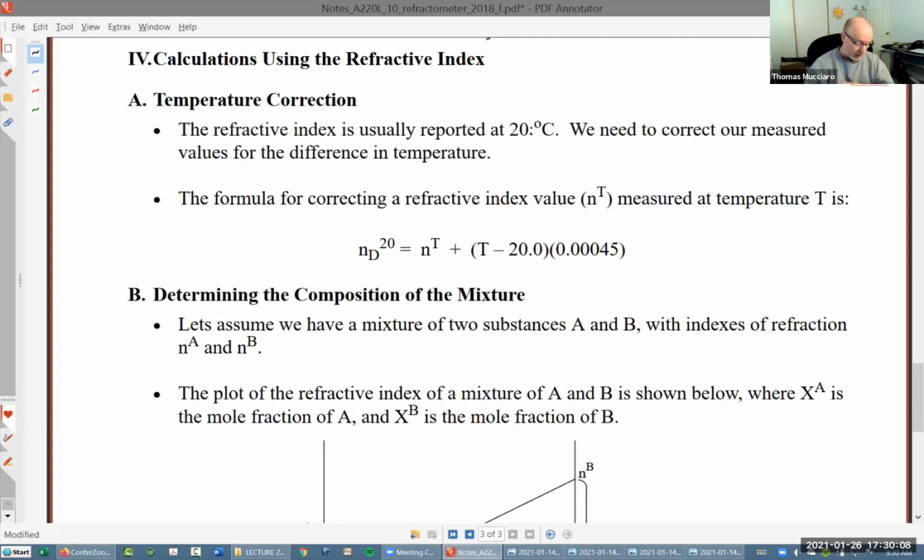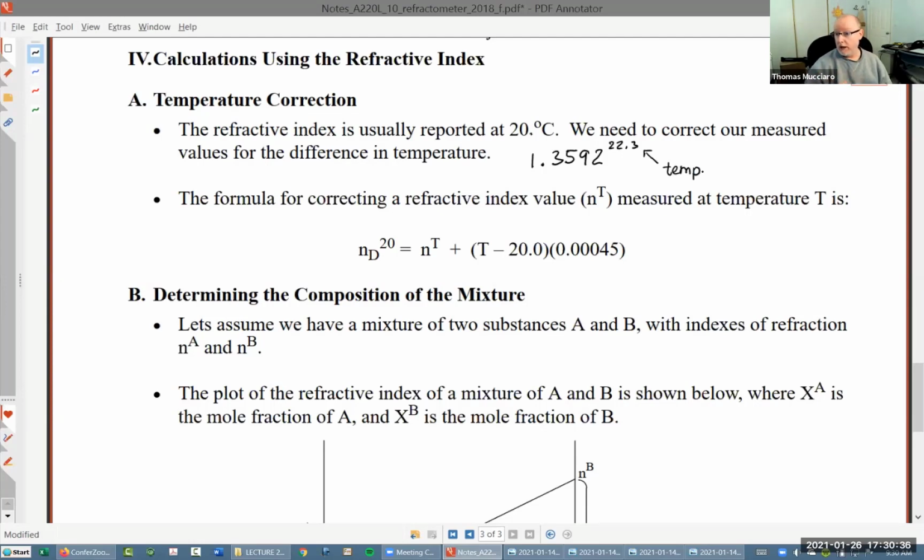So what that would look like, let's say we recorded ours at 22.3, we would write a superscript 22.3. So this is the temperature that it was recorded at.